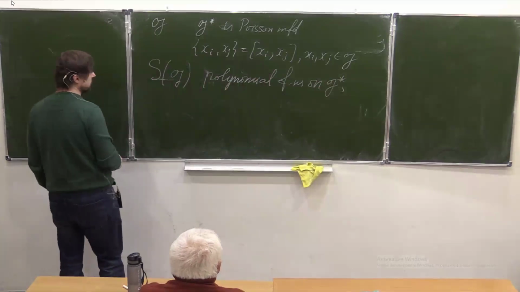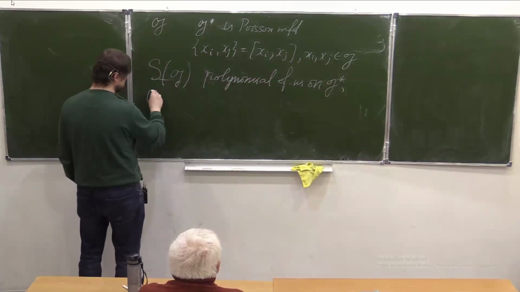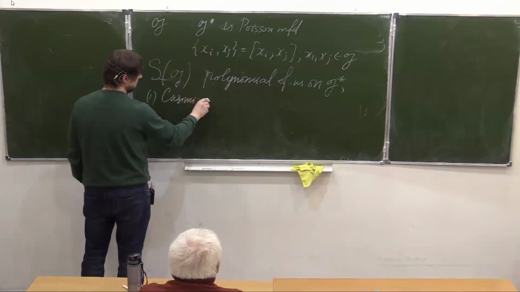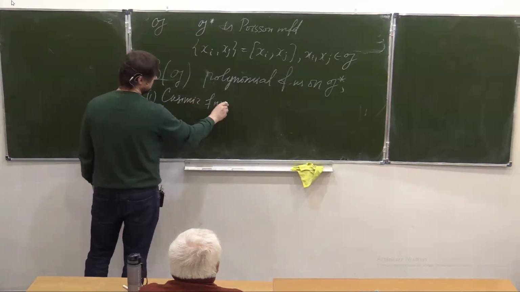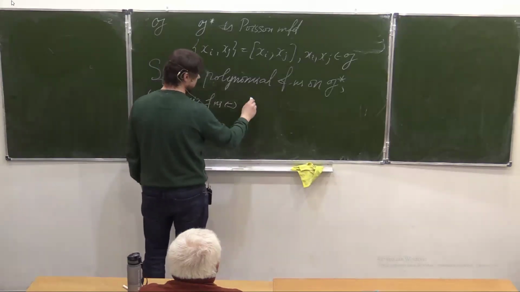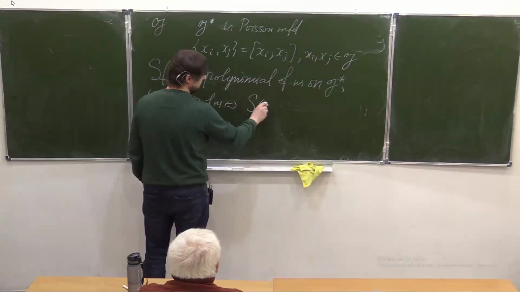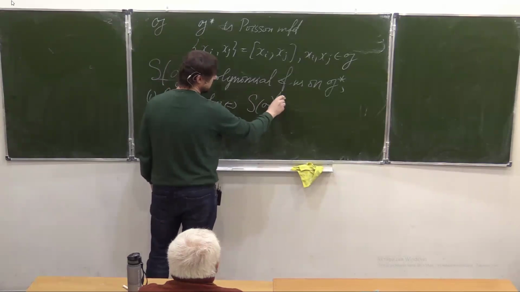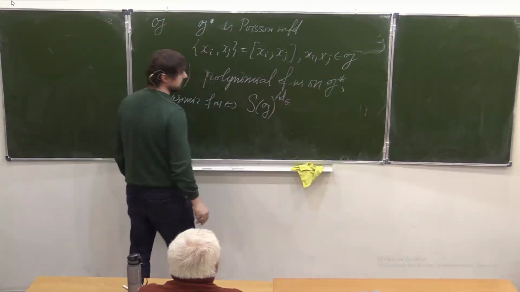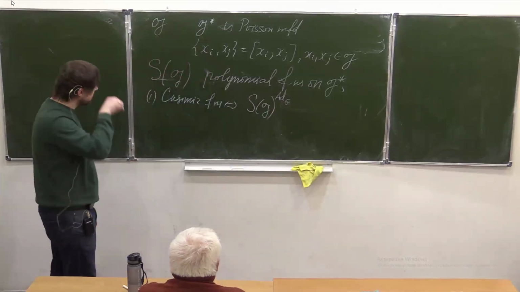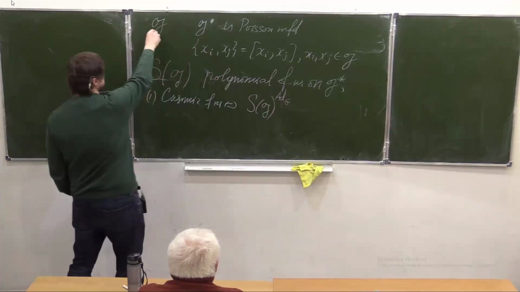So first of all, one can ask about the Casimir functions here. And one knows that they are precisely the polynomials on g* which are invariant with respect to the adjoint action of the group G associated with the Lie algebra g.